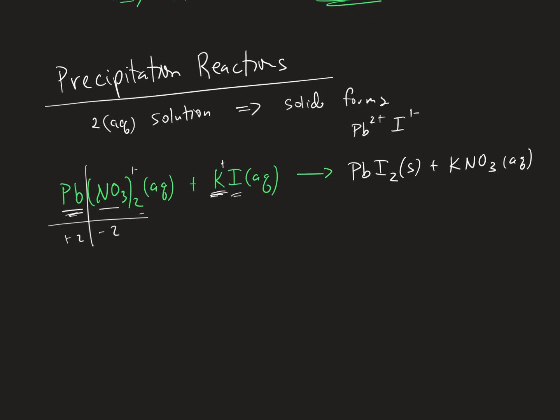But this is how you know it's a precipitation reaction. We have two aqueous solutions, and we're forming a solid. That's it. That's the indicator. We good? Questions?